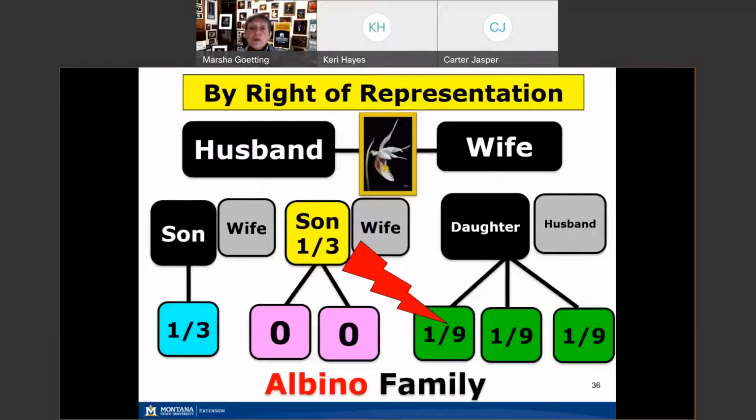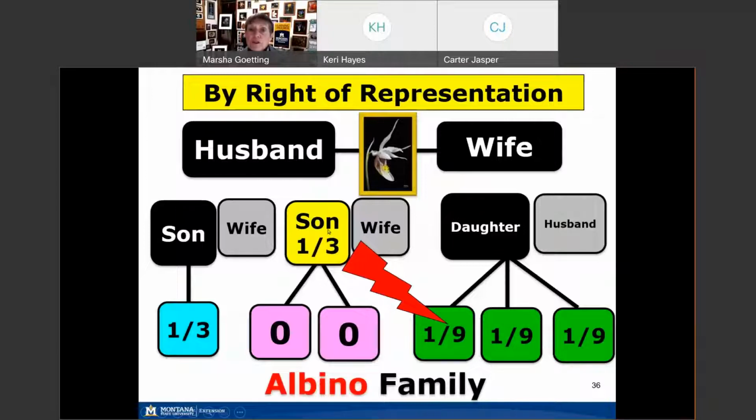Okay, the answer is 1/9. So this is just like the example that we had with an estate in a prior session, that this grandchild is going to receive 1/9. Now we've got an albino grandchild over here that's turquoise. We've got this turquoise one here. That grandchild receives 1/3. And you see, we have the son with 1/3.